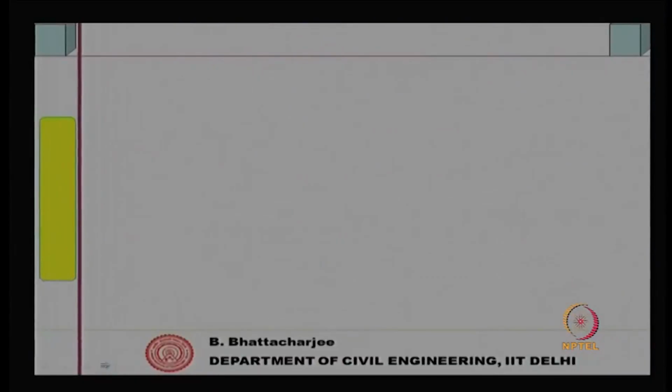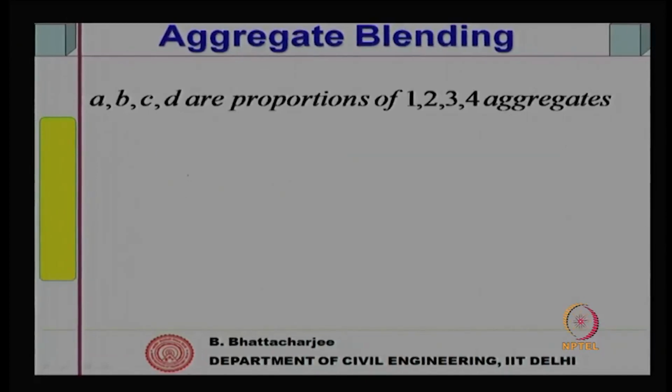So, what do I do? I have 4 graded aggregates, and I have to mix them to get the desirable grading. So, basically I must find the proportion of each one. Let us say A, B, C, D are the proportions of aggregates 1, 2, 3, 4.